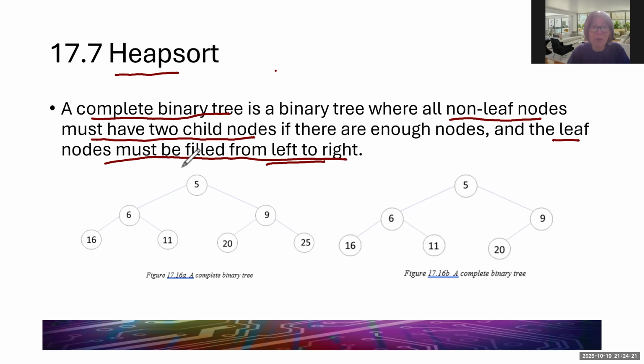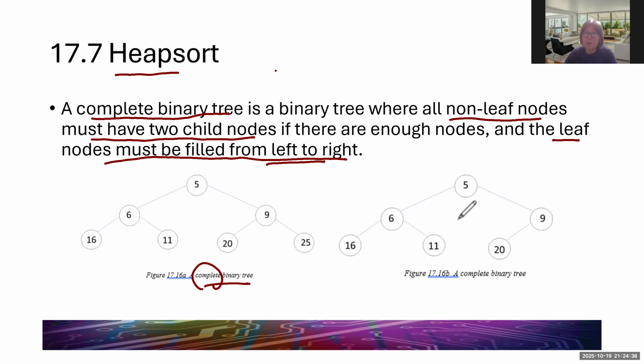So let's take a look. For the first case, each non-leaf node has two child nodes, and all leaf nodes are filled from left to right. So this is a complete binary tree.